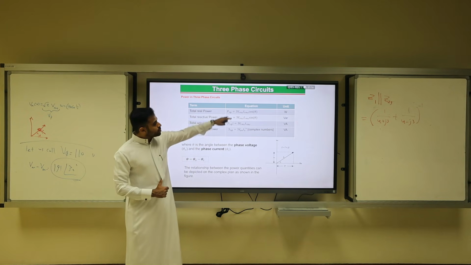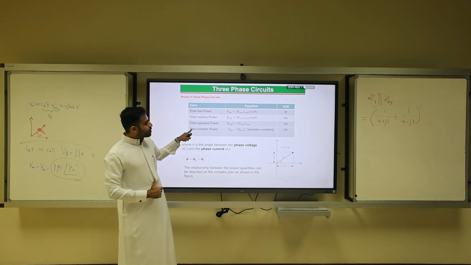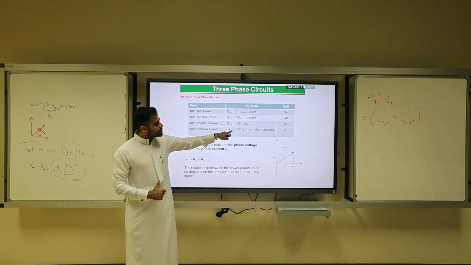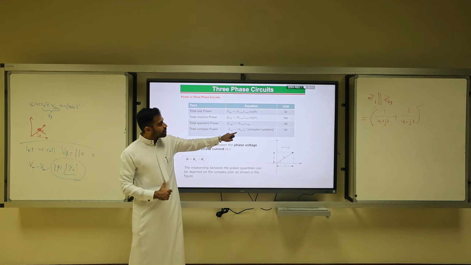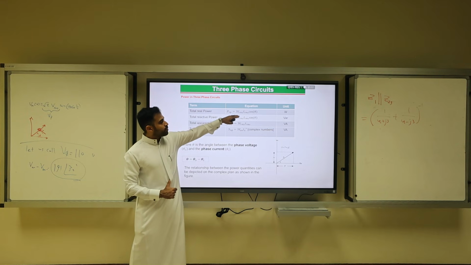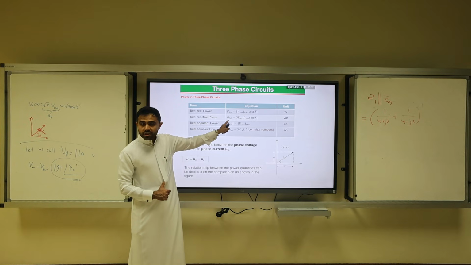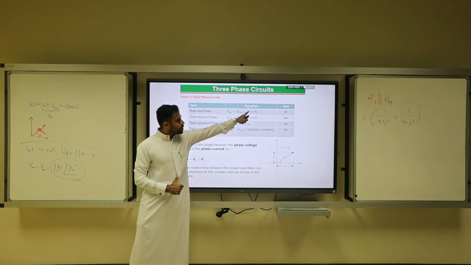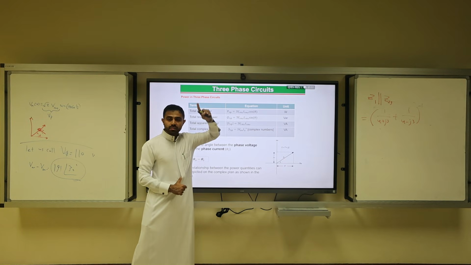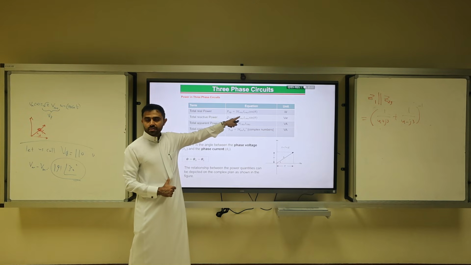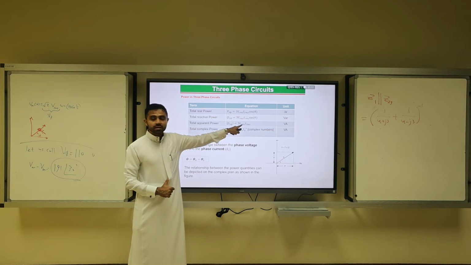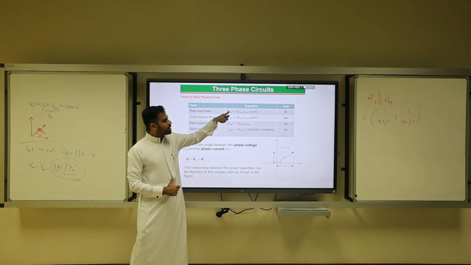And if you add them, the total complex power is 3 V N I conjugate. It's actually the square root of P squared plus Q squared, and sine squared plus cosine squared is 1. So it will be basically 3 V RMS I RMS. This is what we call the apparent power, which is the magnitude of P plus jQ.